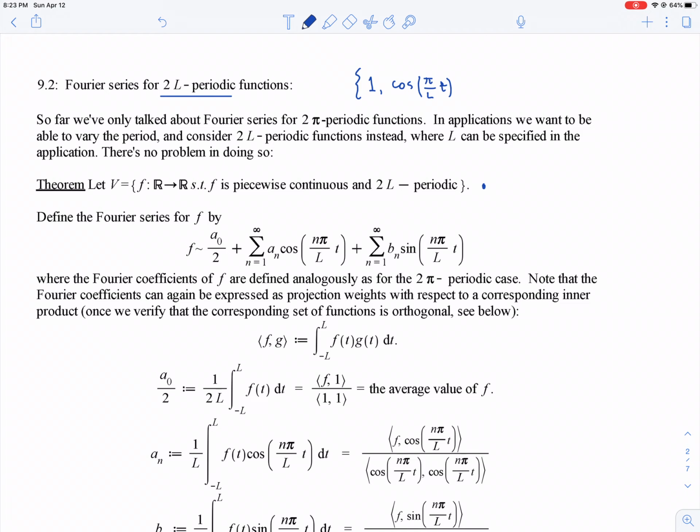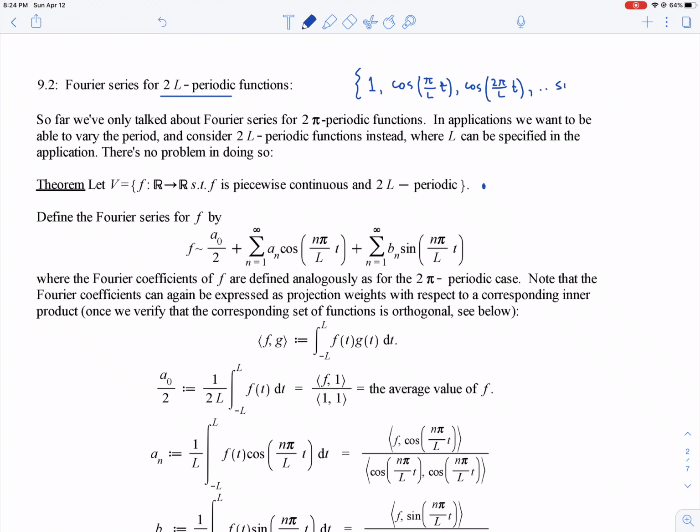So that's why cosine of pi over L times t is the first function in the list, right? As t goes from minus L to L, pi over L times t goes from minus pi to pi. So this will be a 2L periodic function. And then you get all omegas which are multiples of that.